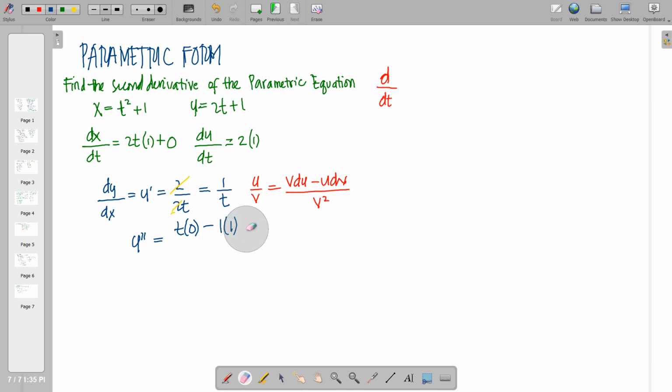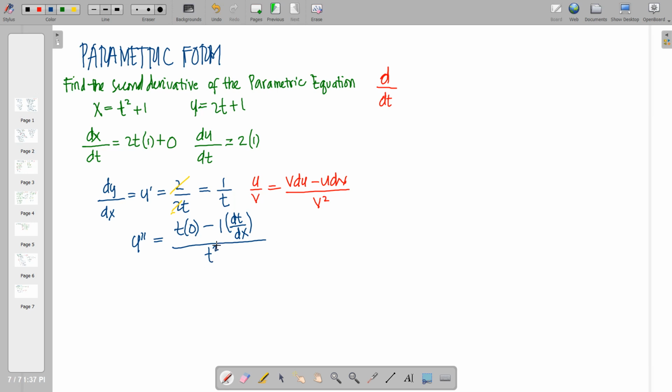So therefore, we should note that this is not equal to 1. Instead, it should be the differential of t with respect to x all over the square of the denominator, so t squared.